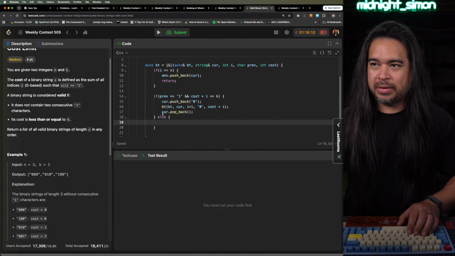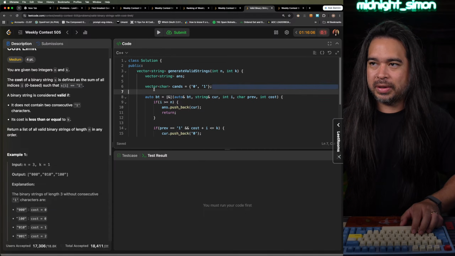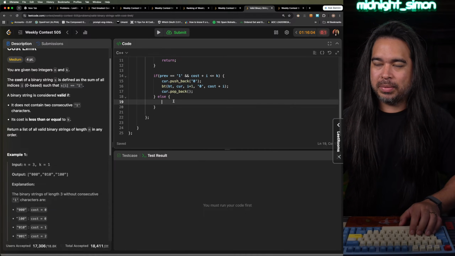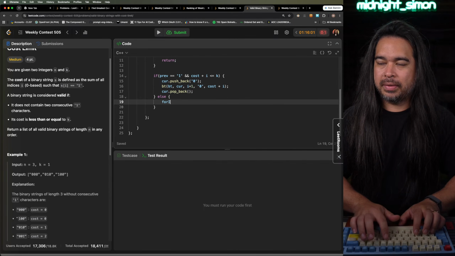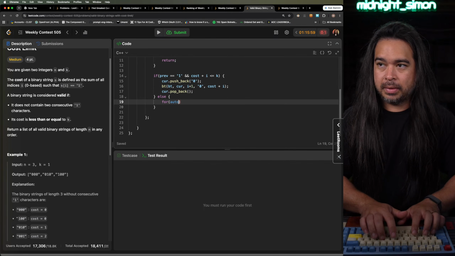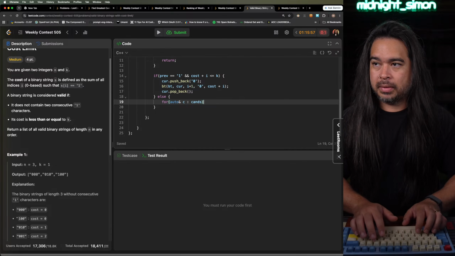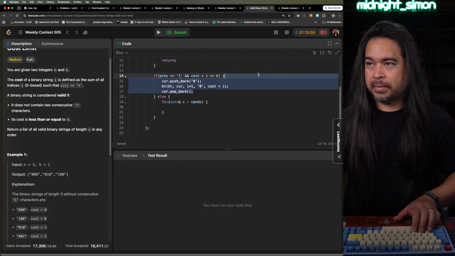But if the previous character was a 0, then we can either do a 0 or a 1. So I'll just iterate through the candidates and do both. I'll just copy this.